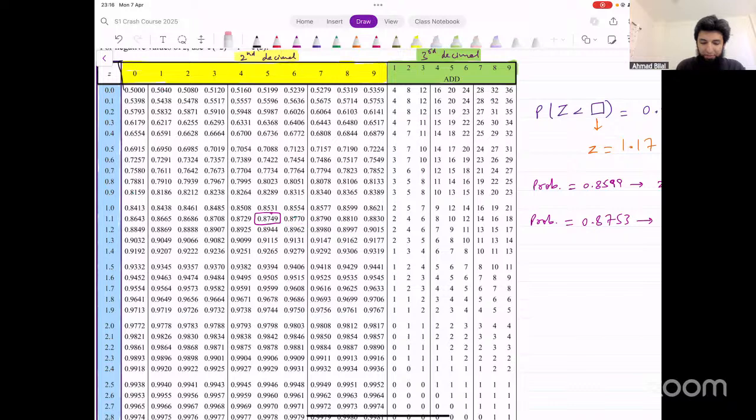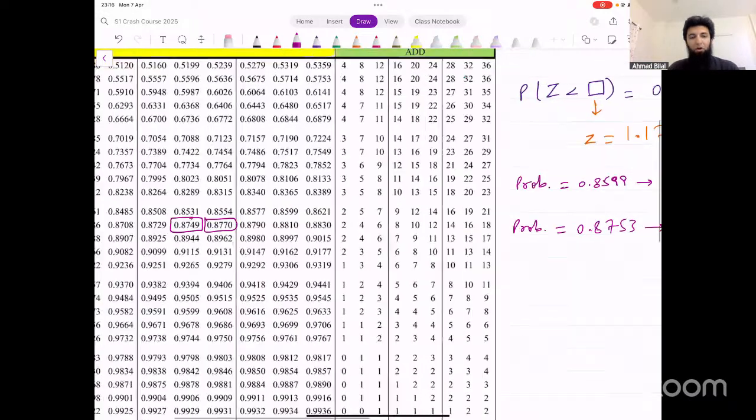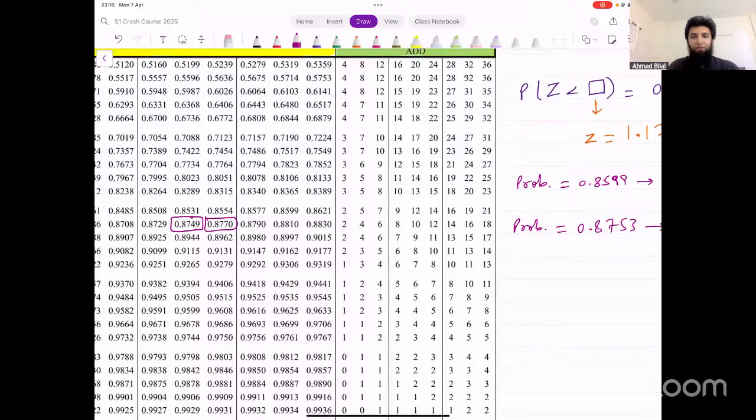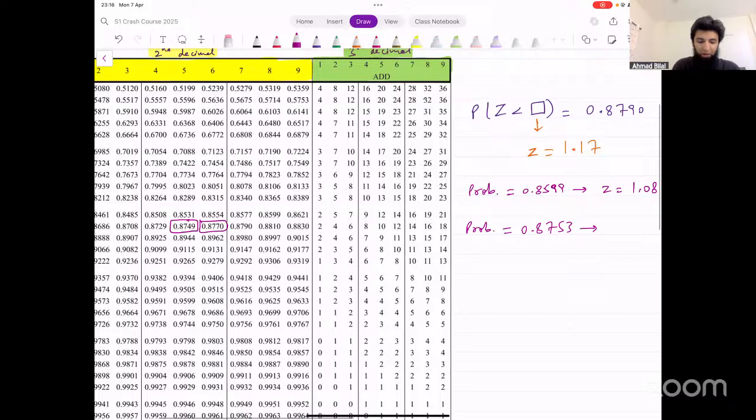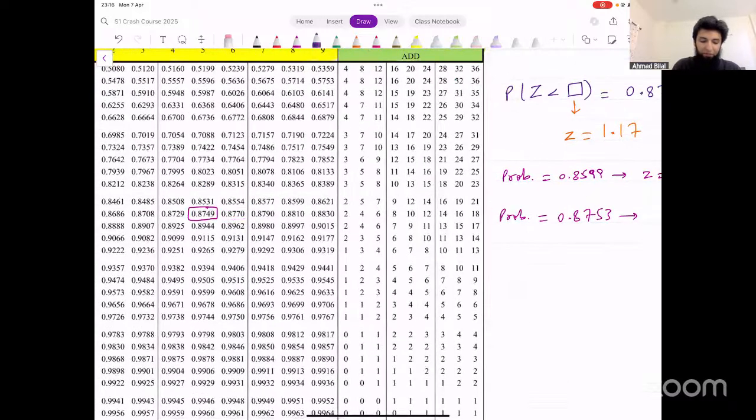There's no 8753, right? But 8753 is going to be between these two values, right? What we do is we take the smaller of these values. What's the smaller value? 8749, right? We wanted 8753. We take the smaller value from there.